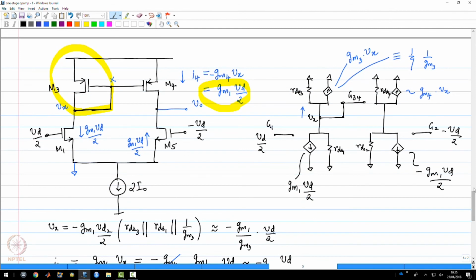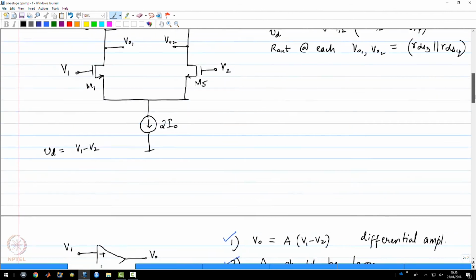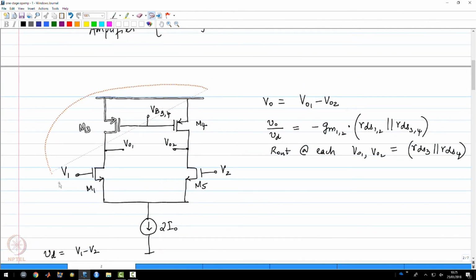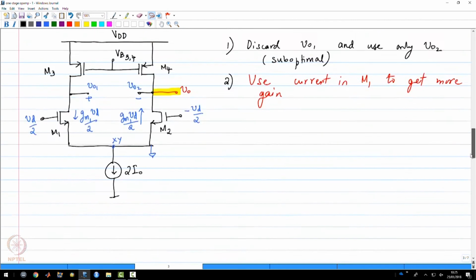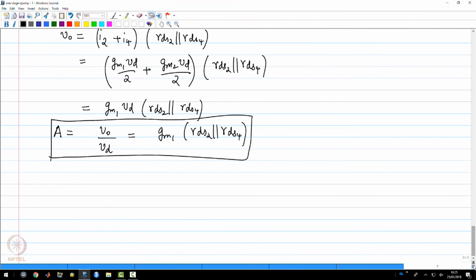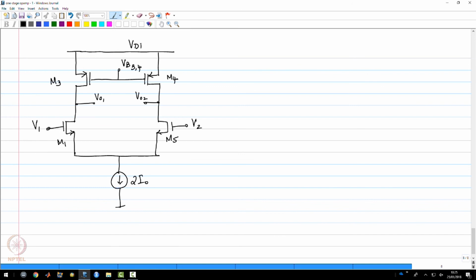Now there is only one final addition to make for this circuit, which I will now show. So let us draw the circuit in its entirety. We only have one extra addition to make, which is that we need to do something about this current source 2I0.